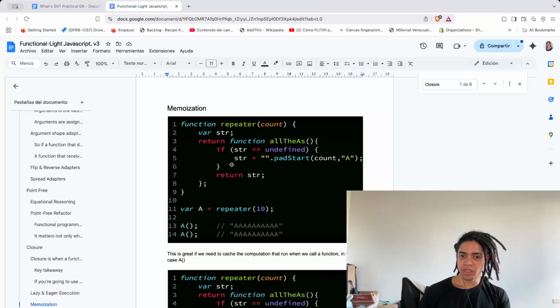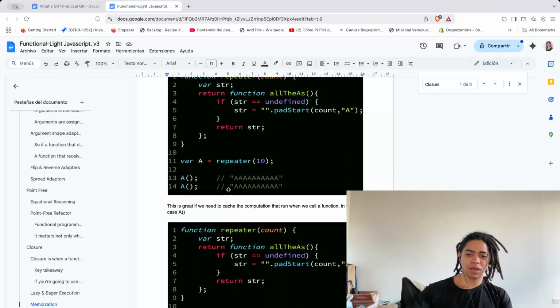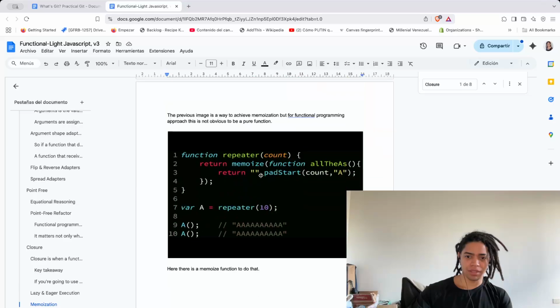The problem with this approach is that memoization per se like this, despite that it's not obvious to the reader, is a pure function. So that's why we can use, for example, a memoize function for that, which can come from a library like Ramda.